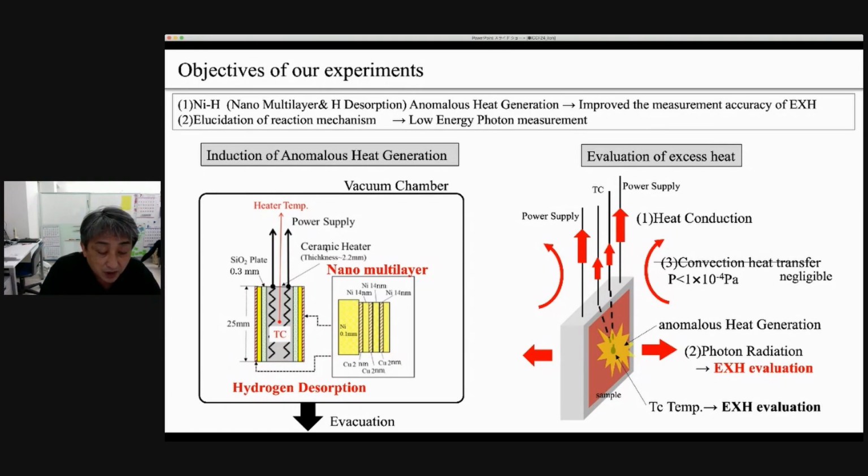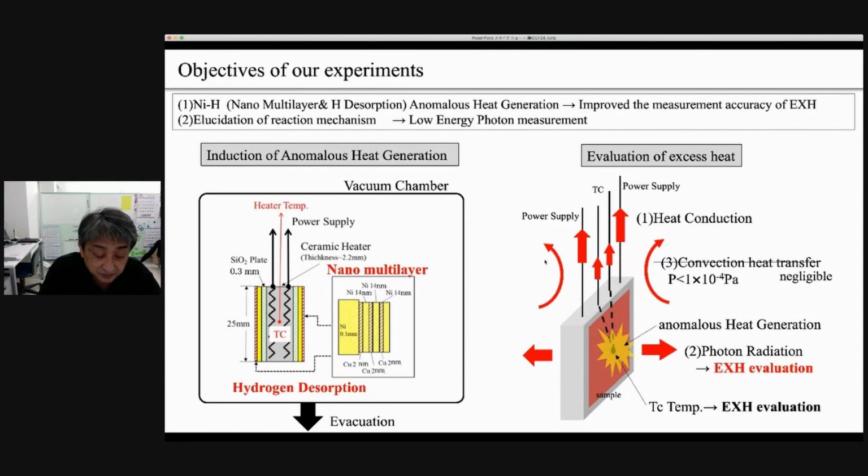Previous methods have evaluated excess heat using a thermocouple, but in recent years, more accurate evaluation has been attempted by measuring radiation from the surface. This figure shows the state of heat transfer when the heat generation occurs on the sample surface.